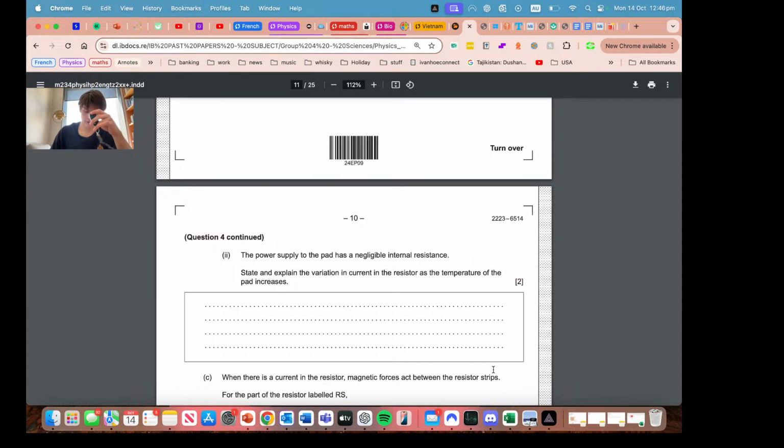Close to the top of the surface. So if we talk about this, obviously we know that it's going to be close to the surface to transfer heat quicker.